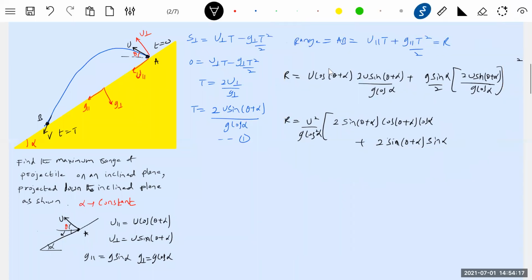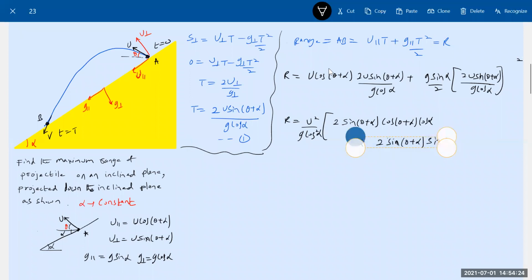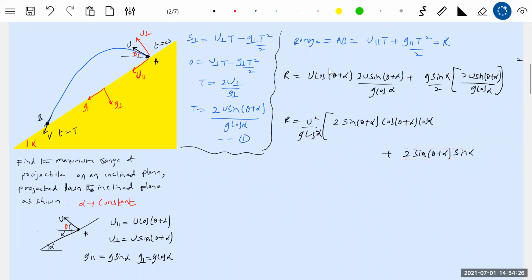Most of you are able to analyze it. Okay, very good. Let me shift this here. Sine(theta plus alpha) plus this is sine square alpha, sorry.